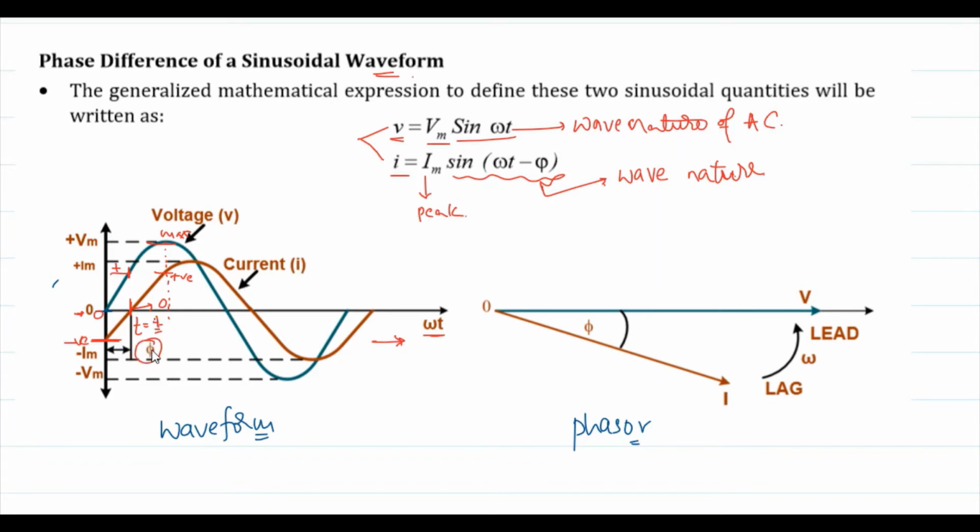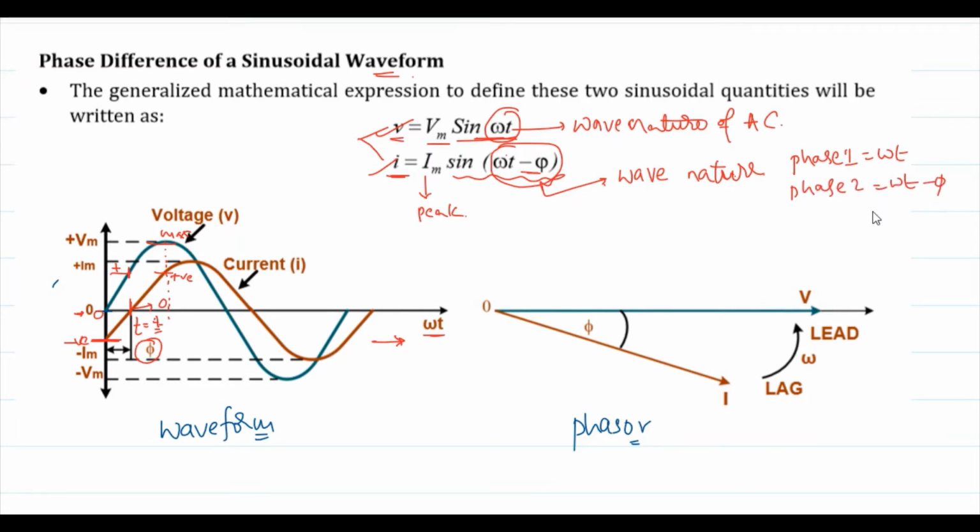You can see in the wave equations also that the voltage is given as sine of omega t, and the current is given as sine of omega t minus phi. We consider phase 1 equal to omega t, and the second phase, the phase of the current, as omega t minus phi.